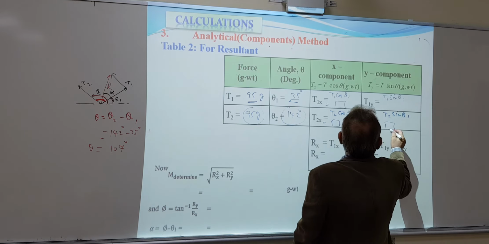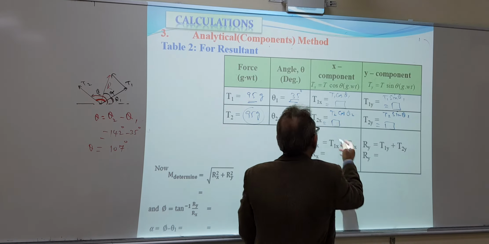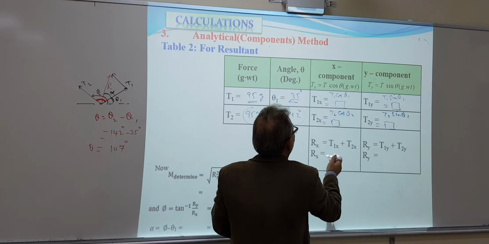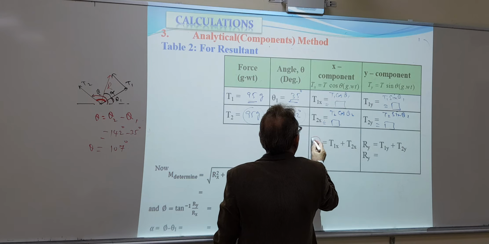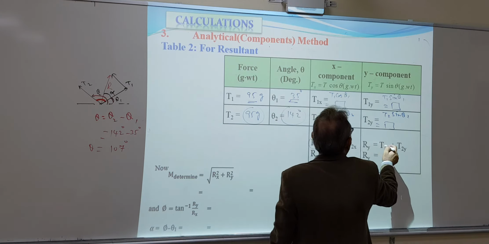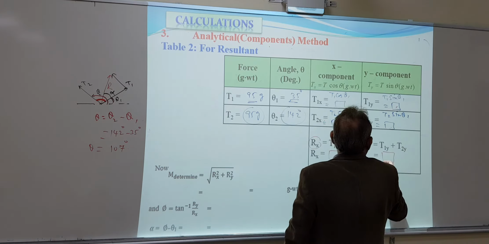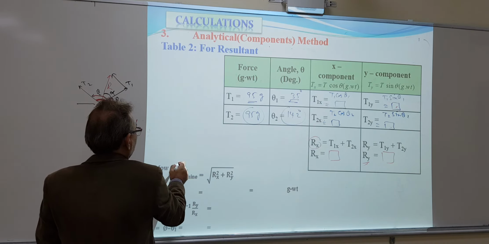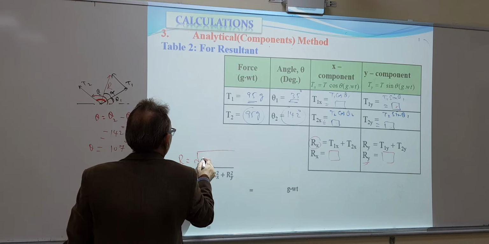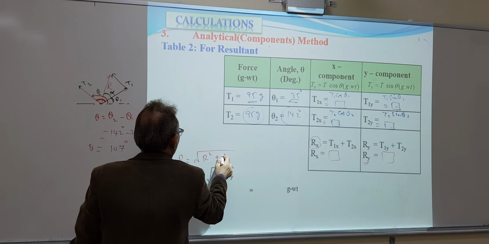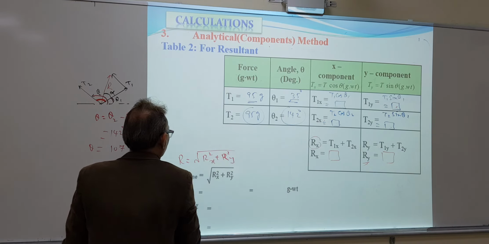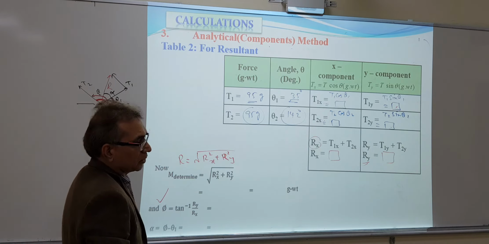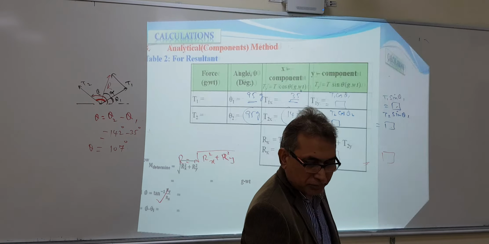Once you get all these numbers, if you get some negative number, don't be scared, go by the rule. You add the cosine terms and you will get the x component, and similarly you add the sine terms and you will get the y component of the resultant. Then as we discussed earlier, the resultant is equal to this one, and the angle like this one. This is what you will be doing.